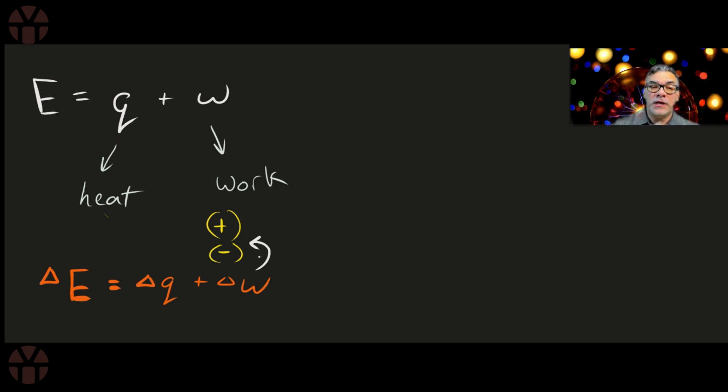And so in doing that, what that means is that my delta W, my change in work, was positive. When a system, when a reaction, when an object has work done on it, then that reaction, object, process has a positive change in work.